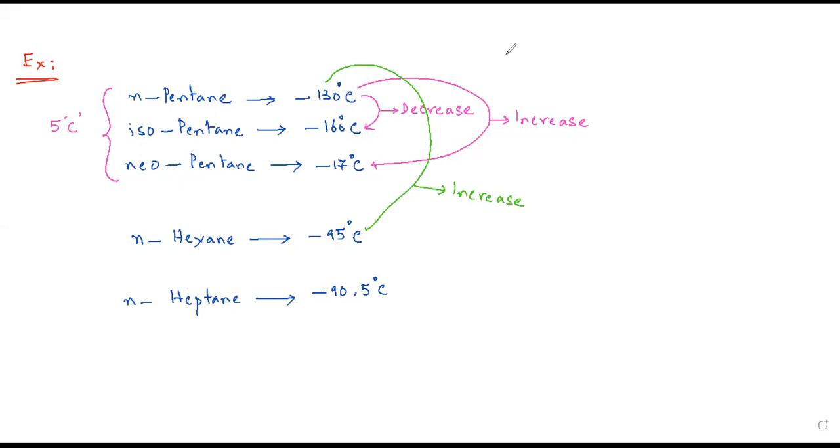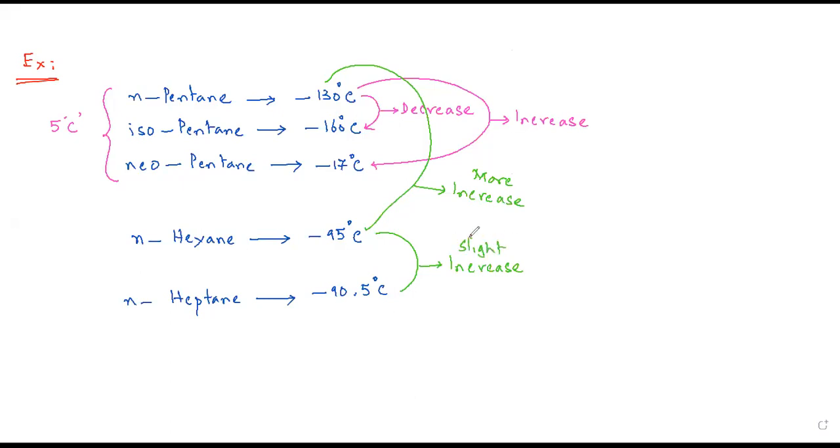Look at what has happened. See, from minus 95, the melting point is increased. Of course, increased, but see the magnitude. From N-pentane to N-hexane, that means from odd to even, increase is more. From even to odd, from N-hexane to N-heptane, of course there is increase, but is less.